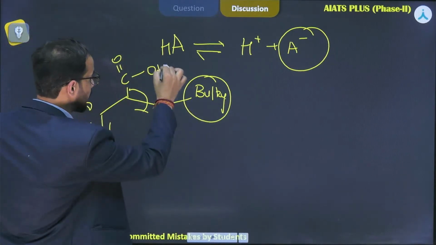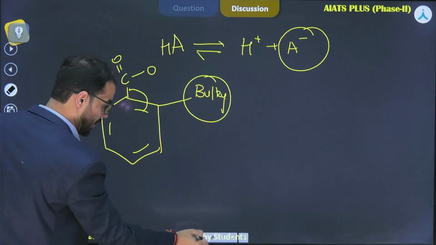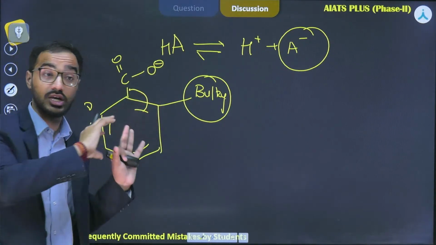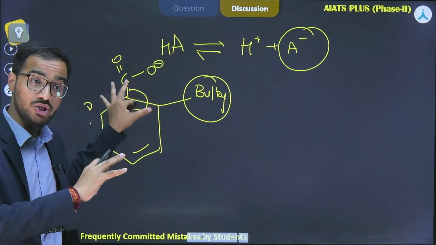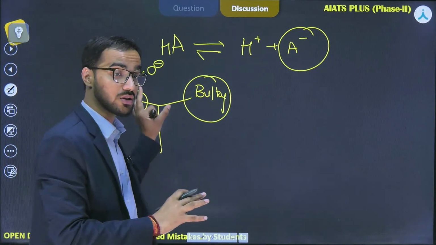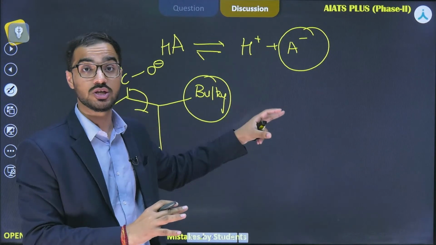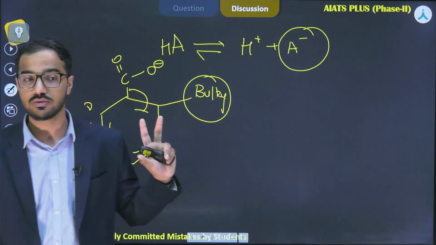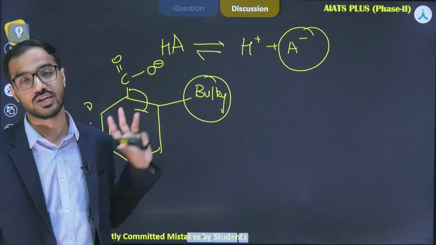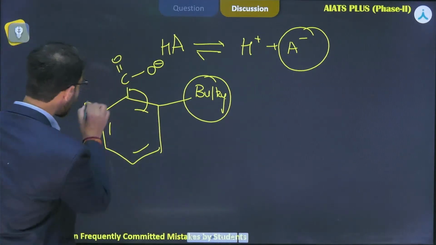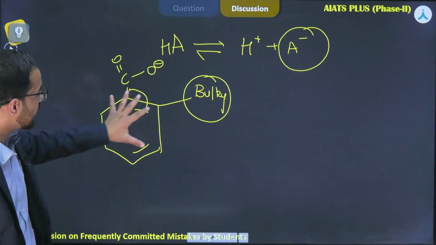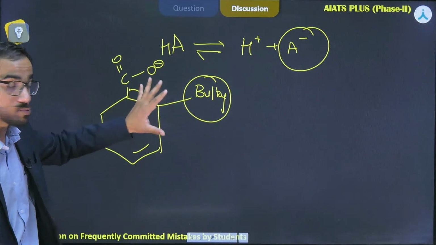Let us say the negative charge is already formed, and we are just checking whether the negative charge here is more stable, or the negative charge formed on the species where the bulky group is not there. So where it is more stable, we are checking. So what will be the case when the bulky group is present?